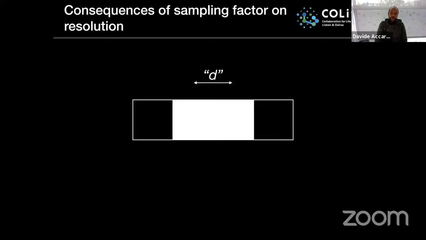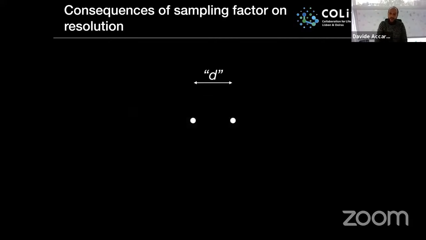So by now, you might imagine that the only way to resolve these two objects is having one dark pixel in between. And to do this, we need to sample with a frequency that is greater than our resolvable distance.